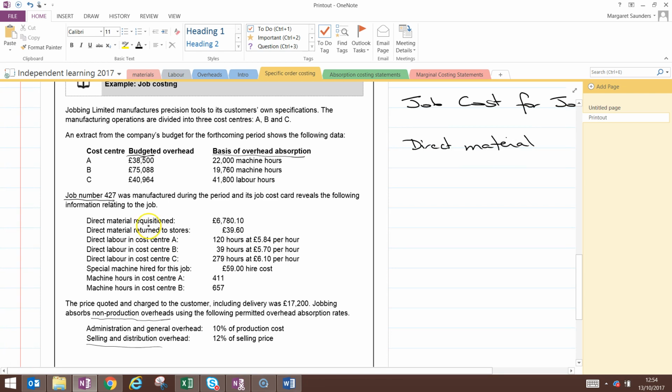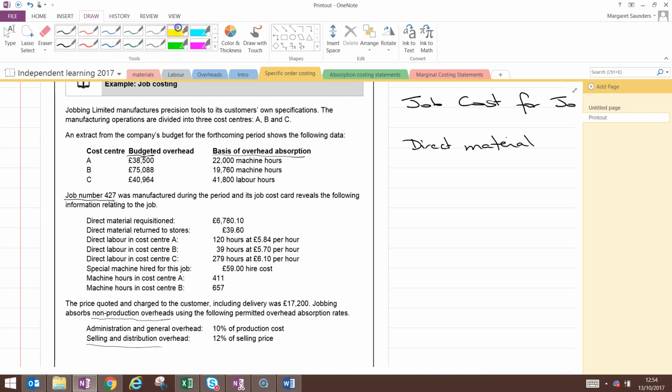So the information that we've been given about material: the direct material requisitioned, and requisitioned means request. So for this job there was £6,780 and 10 pence worth of material requested, but then £39.60 of it was actually returned.